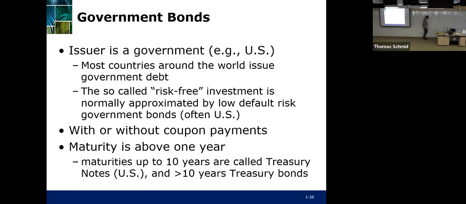So often for asset pricing, or also for the theory models that we will talk about in the next lectures, we talk about something that we call the risk-free asset, which immediately raises the concern, what is the risk-free asset in reality? Right?